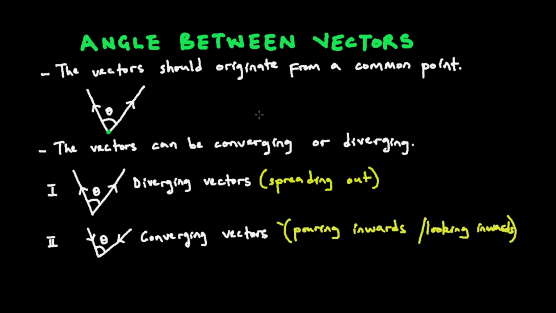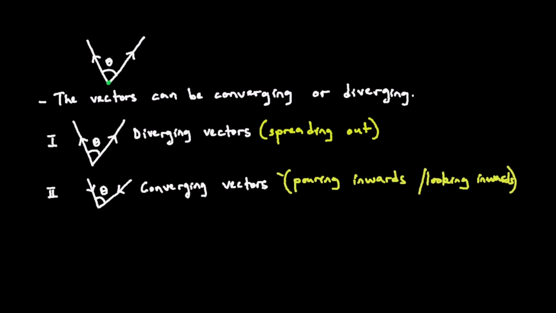Saka, when we are discussing the angle between two vectors, we are either going to have converging vectors or diverging vectors. We are not going to have a situation like this, where two vectors, angle between, but one of the vectors is looking inwards, the other is spreading out.